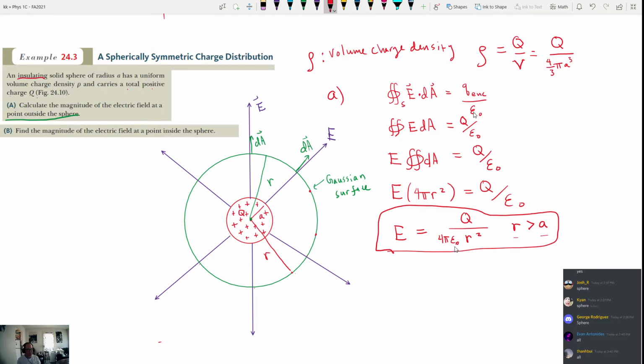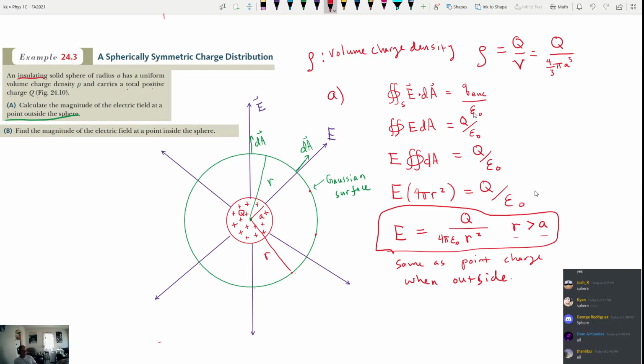We have not found what the size of the electric field is inside the sphere yet. That's what we'll do next. Okay, did that derivation make sense? Anyone have any questions?